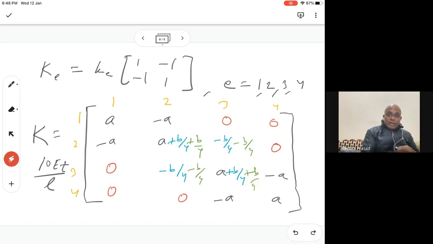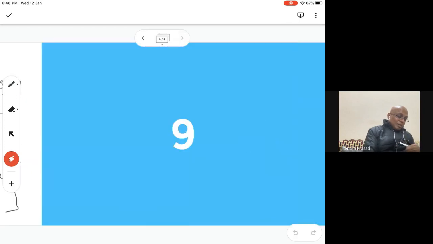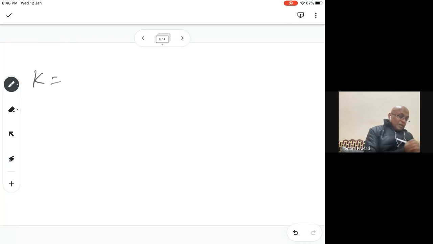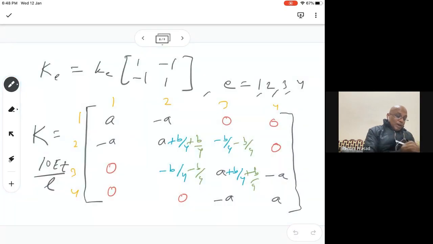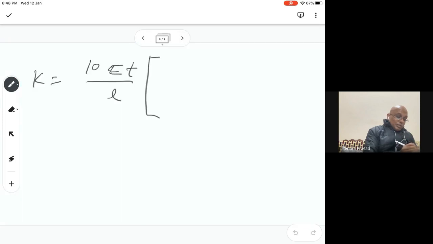We have A, minus A, 0, 0, then minus A plus B over 2, and then we have minus B over 2, right? And so on. So let's write. K will be equal to 10 ET over L, and then we have the values A, minus A, 0, 0, A, minus A, 0, 0.